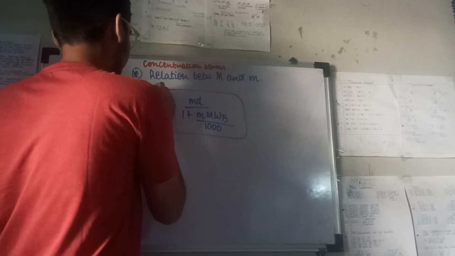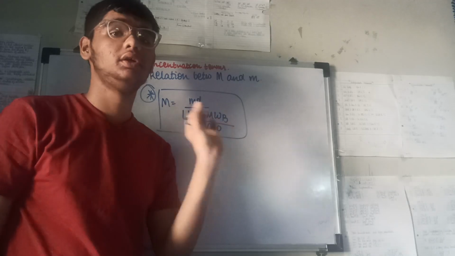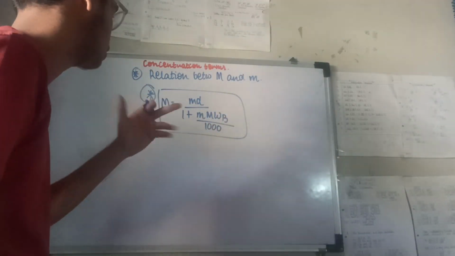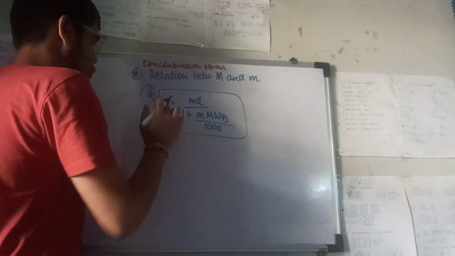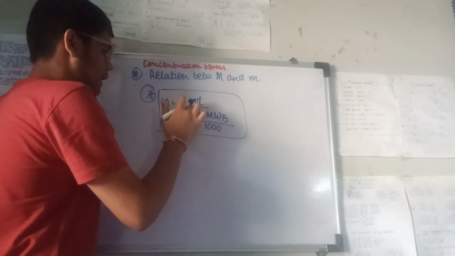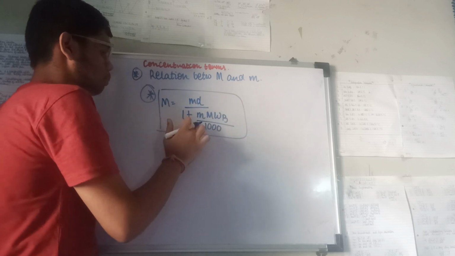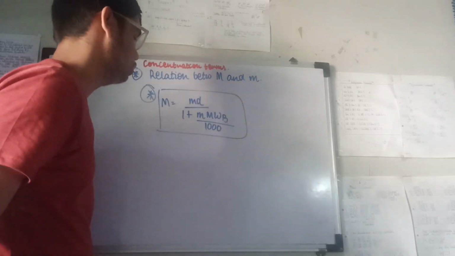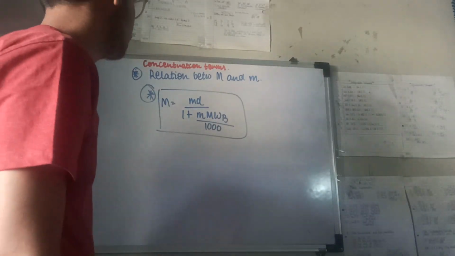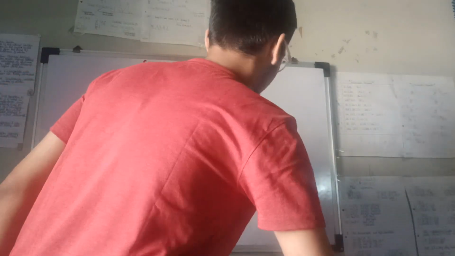This you have to learn, or you have to learn every relation, because that is a short question. One question always comes. So molarity is equal to molality into density by 1 plus molality into weight of solute upon 1000. So this was the relation between molarity and molality. Okay.